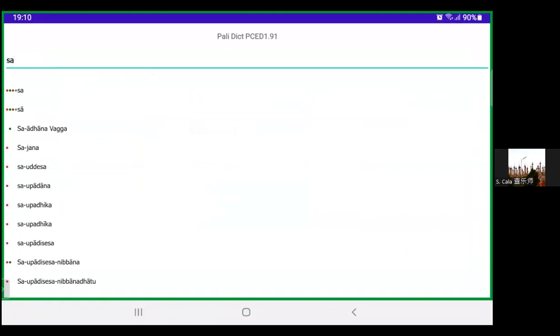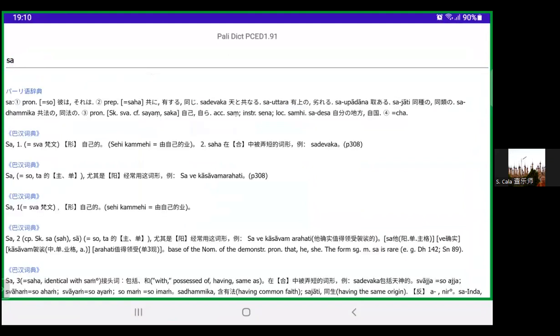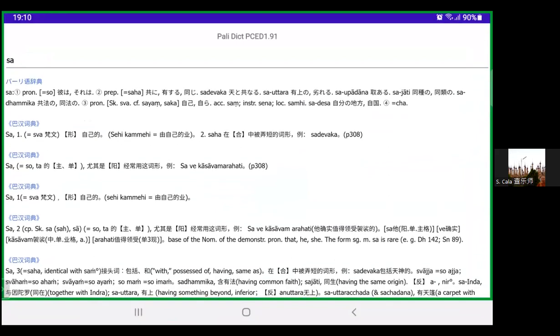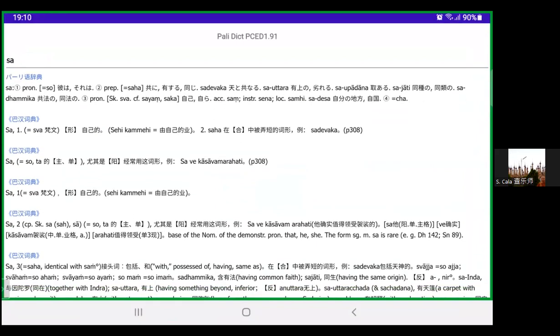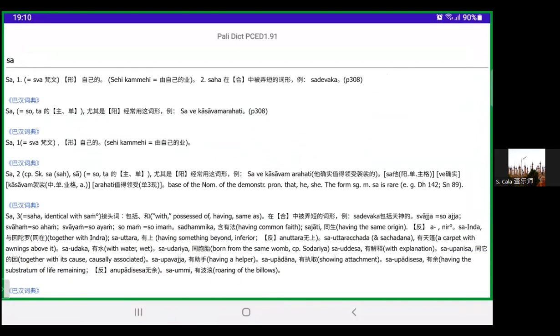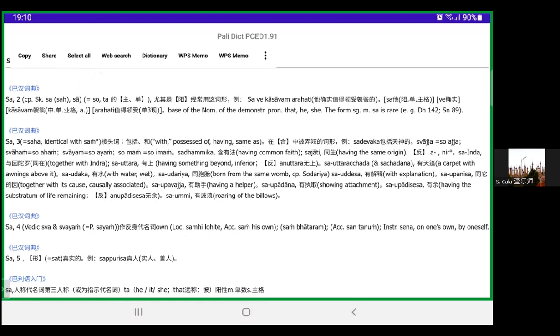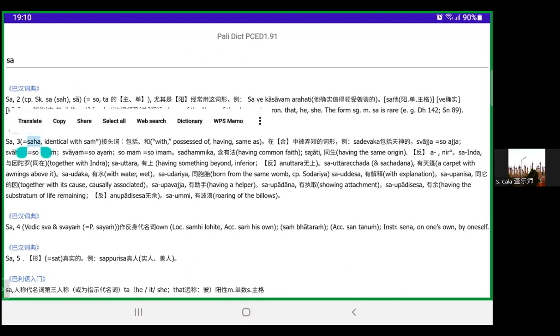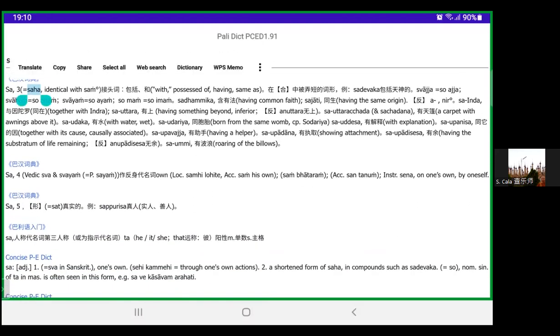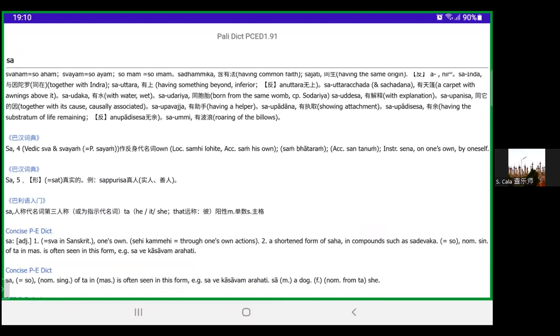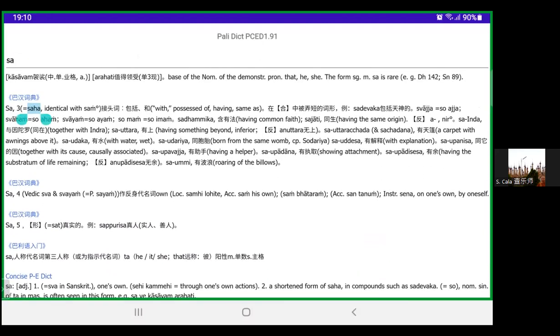If we put short a, it can have many meanings. For example, short a can mean self, or it can have to do with saha. So if you put short a, it's more general. It's better to put long a.